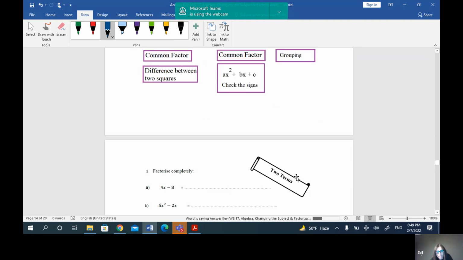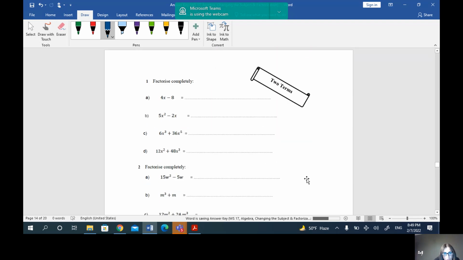Now we came to factorization. I will also do one after one and skip. Okay, factorizing, we learned about factorizing. For example, if we take 4x, we need to write the numbers as primes: 2 times 2 times x, and 8 is 2 times 2 times 2.